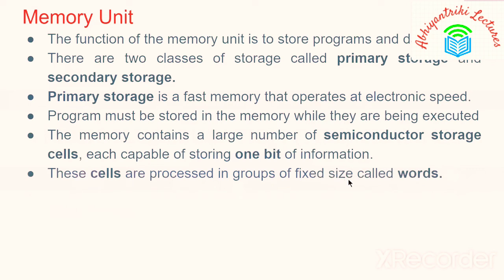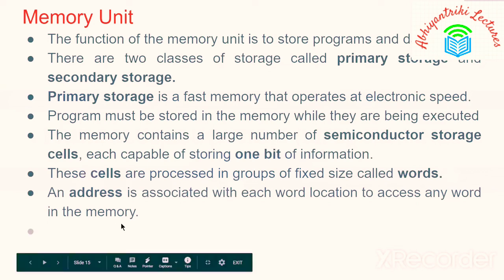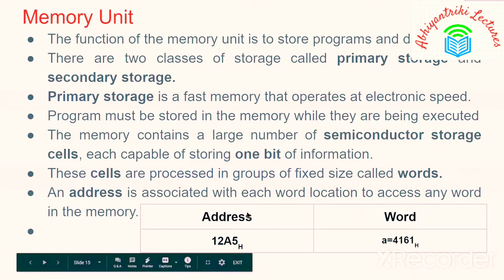An address is associated with each word location to access any word in the memory. So each instruction and each piece of data is given an address, in order to access it from the memory. Address is also called memory location, one and the same.